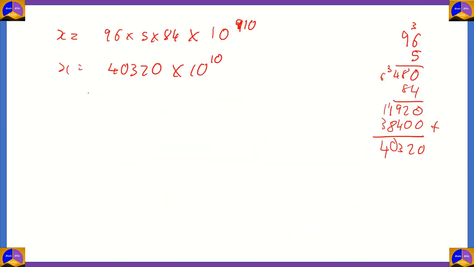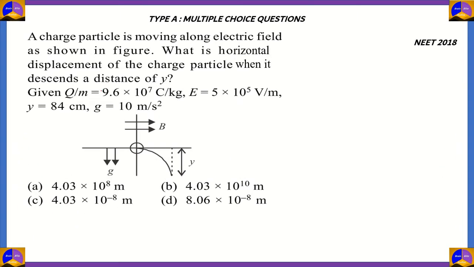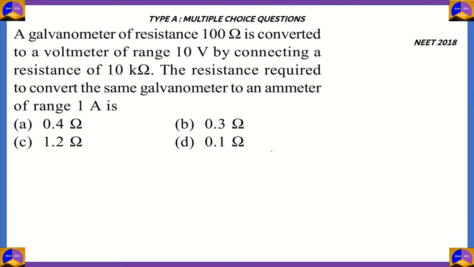So then you can write 403.2 into 10 raised to 8 meters as the correct answer. So therefore, the correct option here is option A, 403 into 10 raised to 8 meters. Now that was the first question which was asked in 2018.